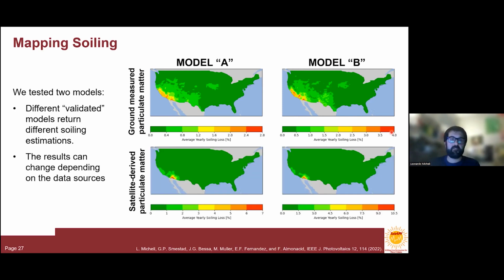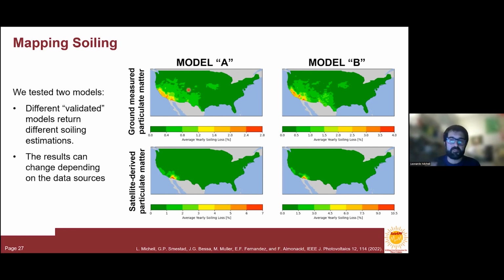Indeed, the situation even worsens if we give the models different types of data. For example, we can get particulate matter from ground sensors. These are typically present in cities to control pollution or air quality, so there is a huge number of sensors distributed in every country.